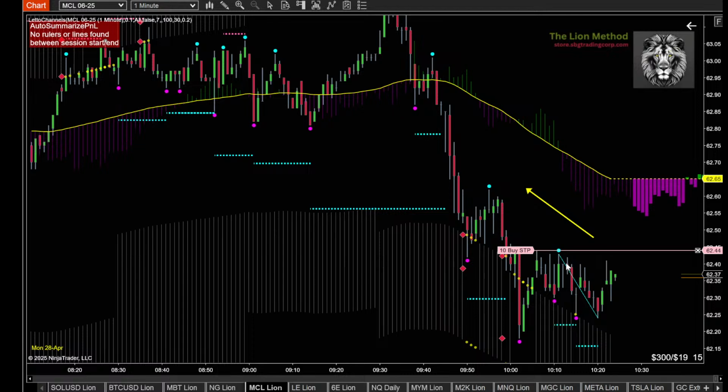Maybe it will get filled. Yep, 1023, kind of sliding off here.